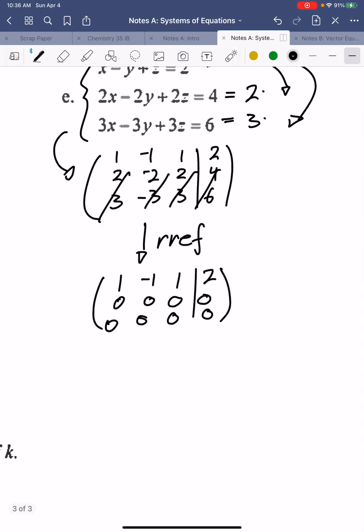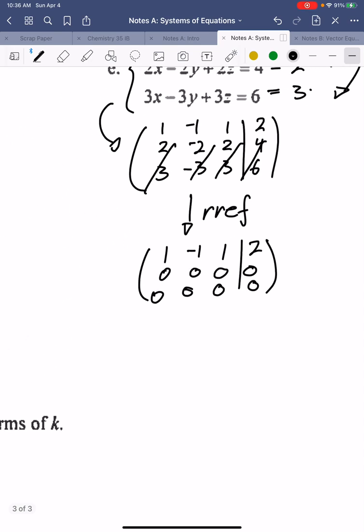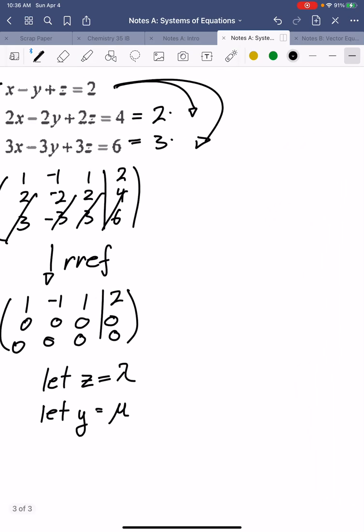We have infinitely many solutions, and we can actually have 2 variables equal parameters. So let's let z equal lambda, and let's let y equal mu, because I like Greek characters.